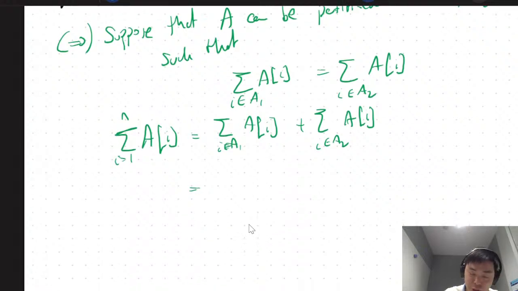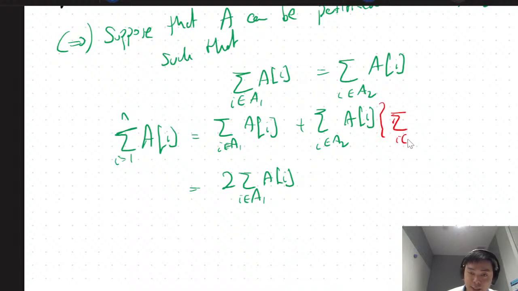And then this is equal to 2 times the sum of the elements in A1, just by the assumption that they're equal, right? Because this is just the sum of the elements in A1.